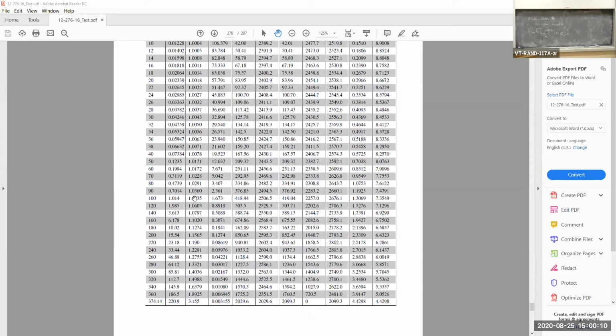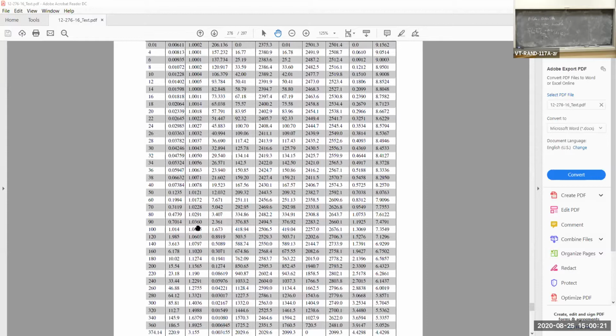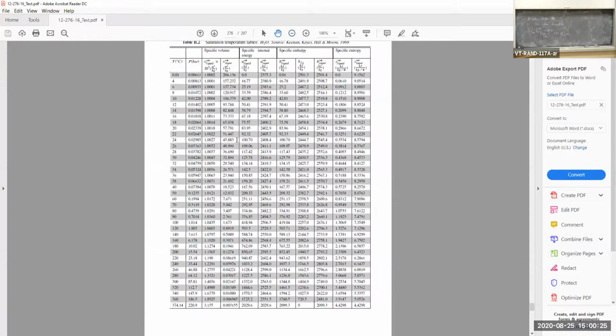So we are at 100 degrees C, 1.014 bar, and the specific volume of the saturated liquid is that third column. Here, that looks better. So there's the relevant row. Specific volume for the saturated liquid is 1.0435 times 10 to the minus 3.